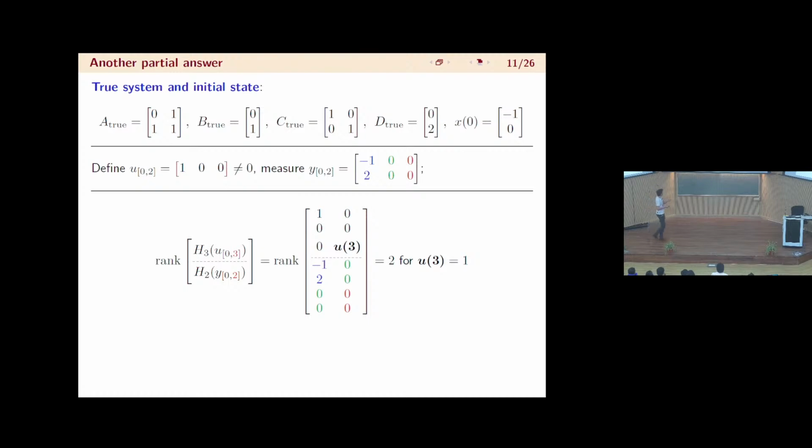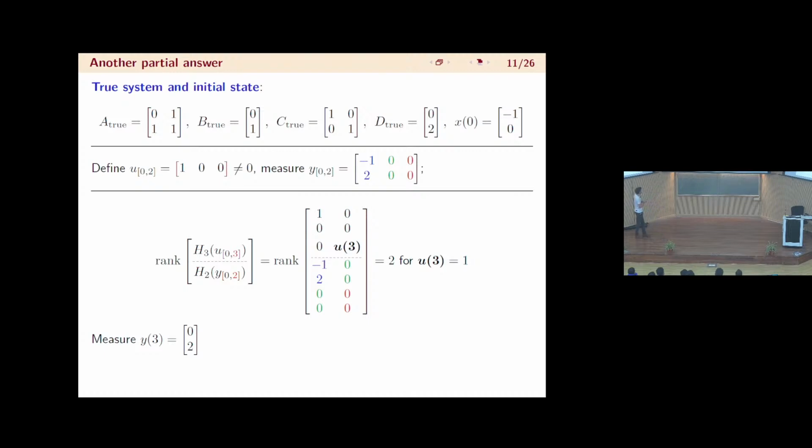If I choose U3 in a slightly silly way, if I would choose it 0, then of course this whole column would be 0, and I would not increase the rank. But if I choose it in a sensible way, namely U3 is not 0, then indeed I increase the rank. So I choose U3 to be 1, and then indeed you see that in this second step I have a rank 2 matrix.